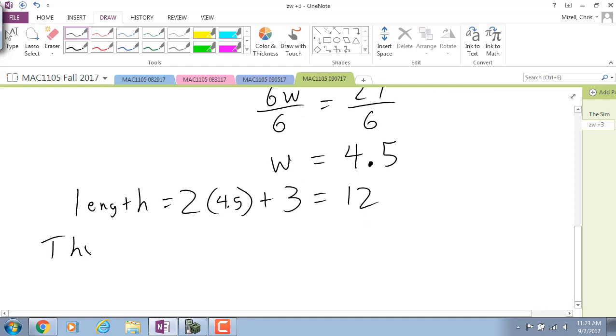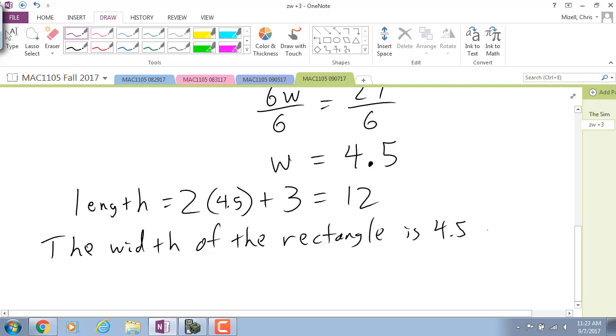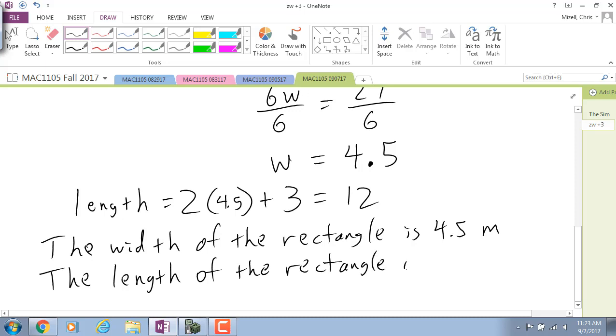So the width, we want to check this, but the width of the rectangle is 4.5 meters. The length of the rectangle is 12 meters.